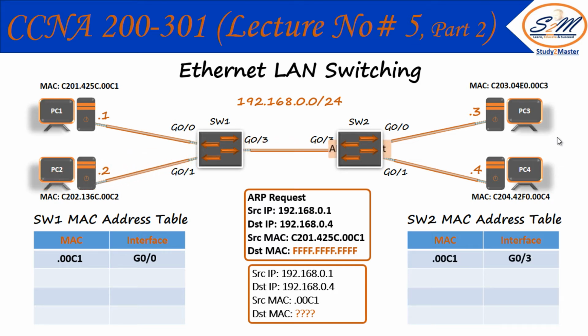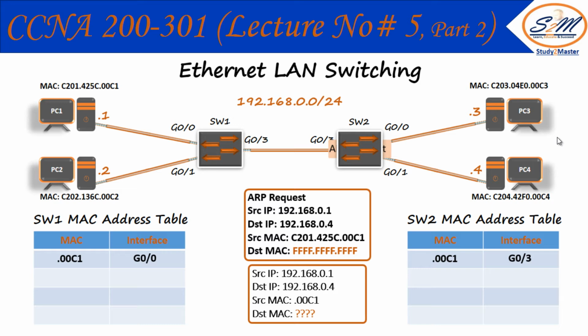PC2 will ignore it because PC2 recognizes that its own MAC address does not match the ARP request, so PC2 ignores it. Now switch 2 received the ARP request on port gig 0/3. Now switch 2's job and responsibilities start.